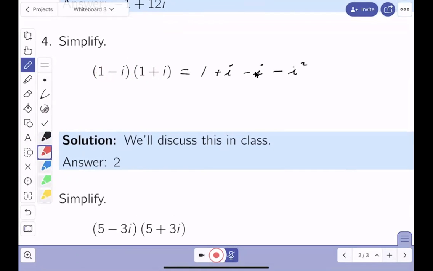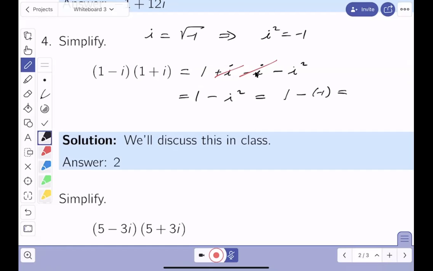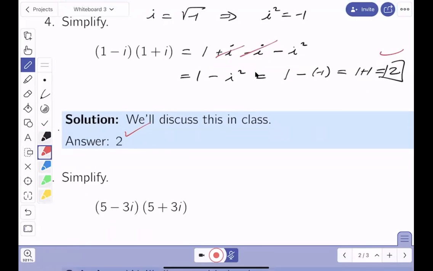Some things are really easy, like this disappears. And what are you left off with? 1 minus i squared. You should realize that i is the square root of -1 and i squared is -1. Let's write that down. 1 minus a -1. What is that going to be? 1 plus 1, which is 2. You may be surprised by this, but your calculators are quite capable of doing arithmetic, including with complex numbers.